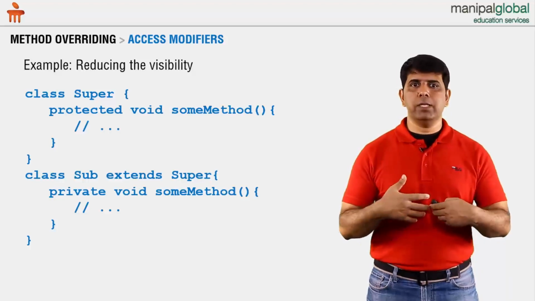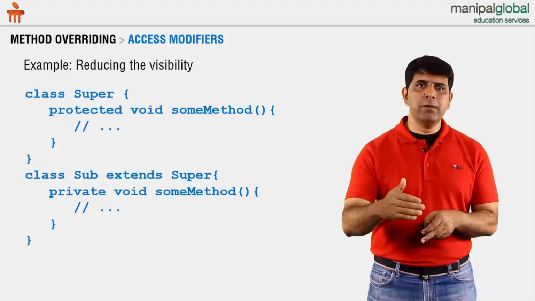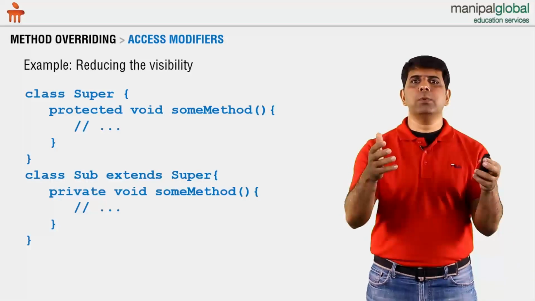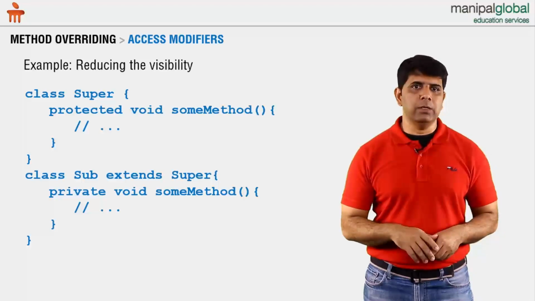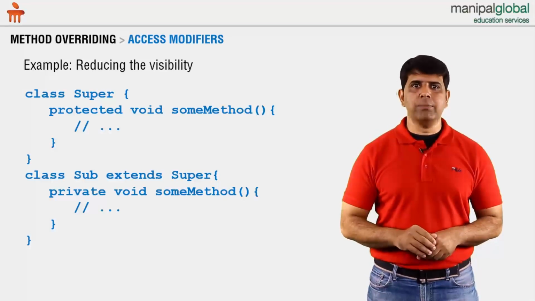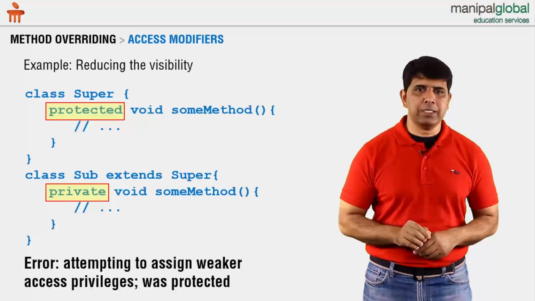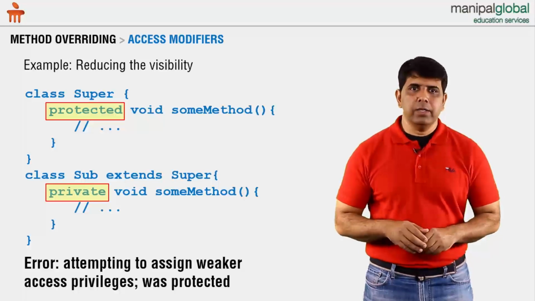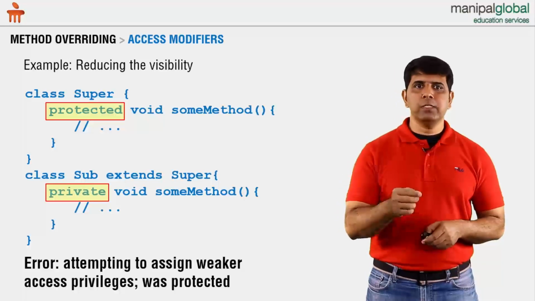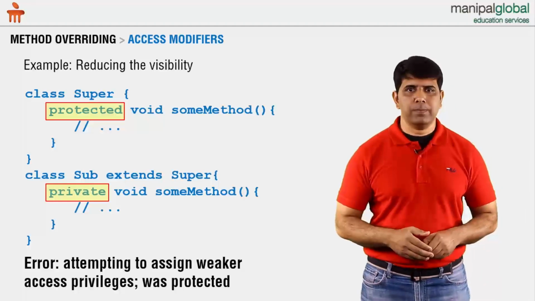If you say private methods are my own methods, you're wrong, because you're trying to write a method which is accessible to the outside world in the superclass, but now you're saying it is not accessible. That's something the compiler is not happy with. So it's going to give an error: attempting to assign weaker access privilege. Since it is protected already, you can't reduce that. The only possibility here is to make it protected or public in the subclass.